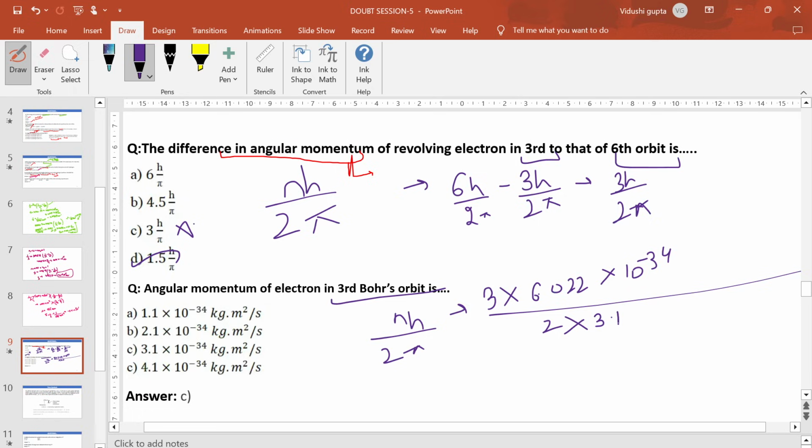Once you solve it, it will be 3.1 into 10 minus 34 kg meter square per second. So option C will be the correct one.